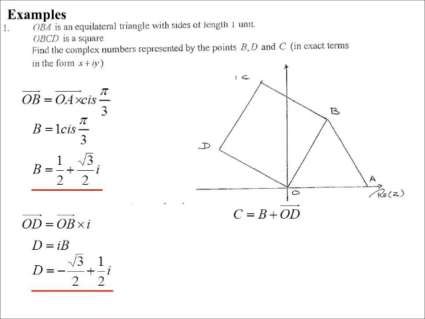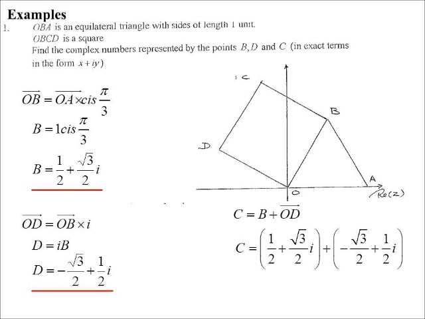So C is equal to B. B we worked out was a half plus root 3 on 2 i. The vector OD is D minus O. D we've just worked out is minus root 3 on 2 plus half i. Add them together, and we've got this lovely expression here. 1 minus root 3 on 2 plus 1 plus root 3 on 2 i.